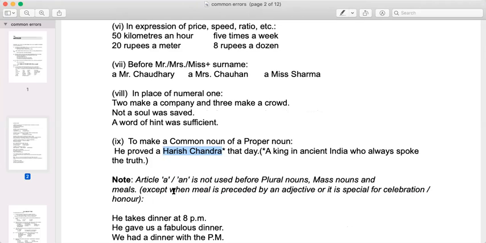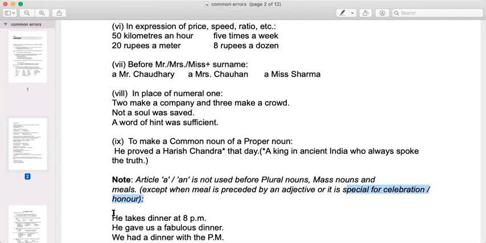Now there's a note that article a or an is not used before plural nouns, mass nouns, and meals, when we are talking about food, except when the meal is preceded by an adjective or it is a special meal for celebration.